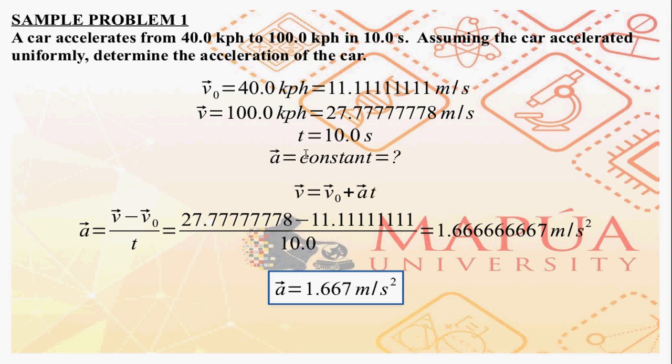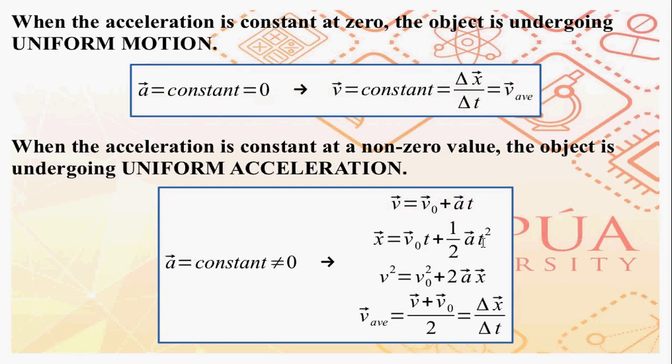So continuing with our answer, you're being asked to get the acceleration of the car. Uniform acceleration, you have 4 equations by which to analyze the problem. Again, going back to the previous slide, you have 4 equations to choose from.